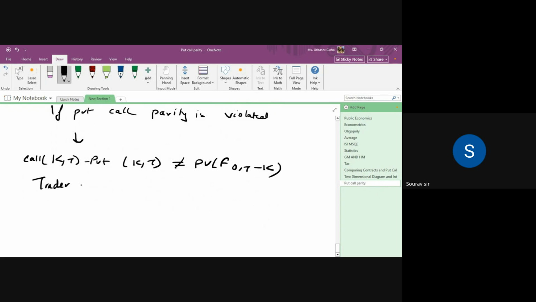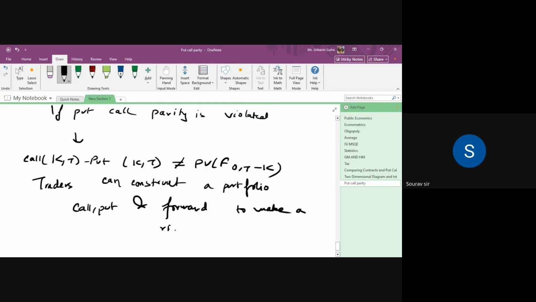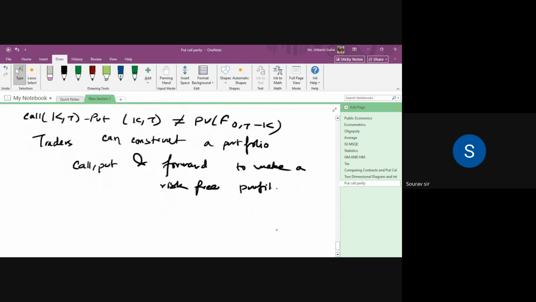Revise whatever we are doing. Traders can construct a portfolio, a combination we have done, of call, put, and forward to make a risk-free profit. So in theory, this would create an infinite rate of return.